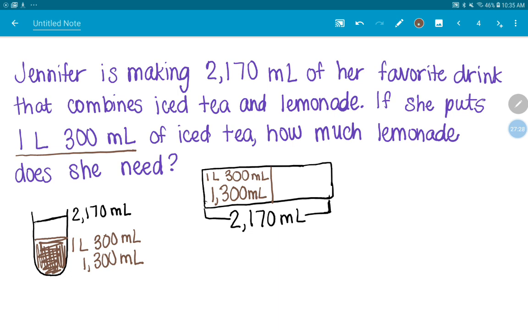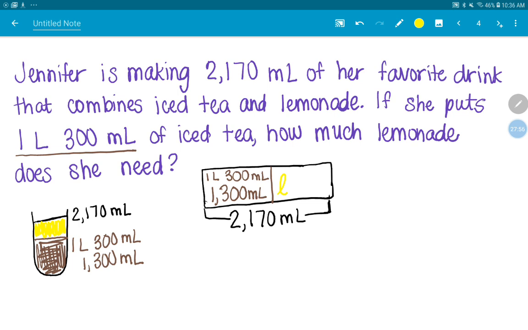What else does she use in her drink? Lemonade. So she's going to fill from where she stopped with tea to the top of her drink. She's filling with lemonade. Do we know how much? No. I'm going to use the variable L to represent that since that's lemonade.